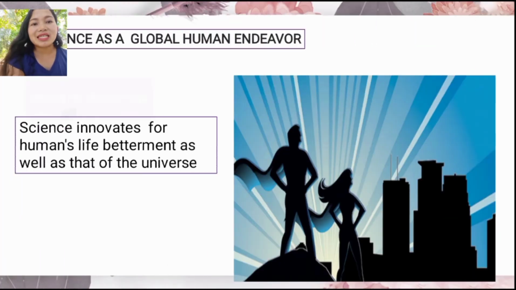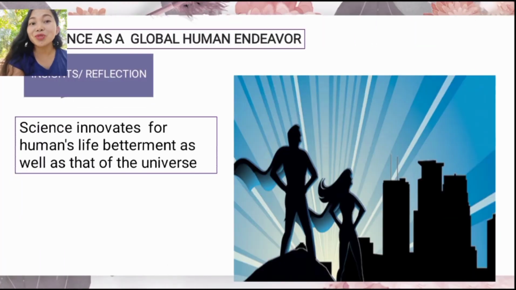So for my insights on this: science innovates for humans' life betterment as well as that of the universe. Because of science, people really made different moves in order to discover the fullest potential that humans could have in this planet without destroying the animals or the plants or the environment.